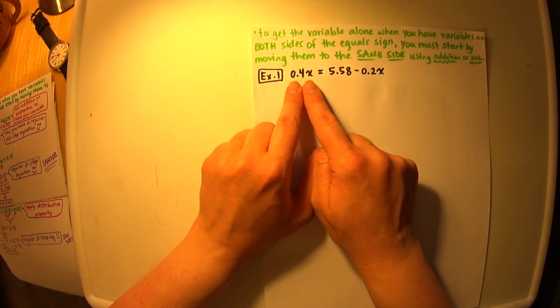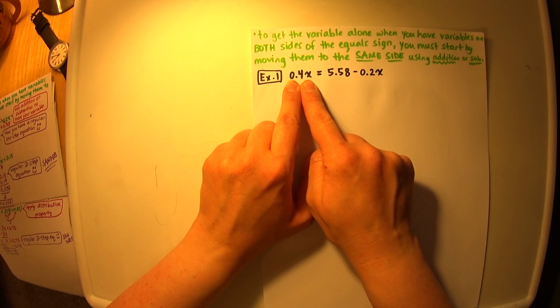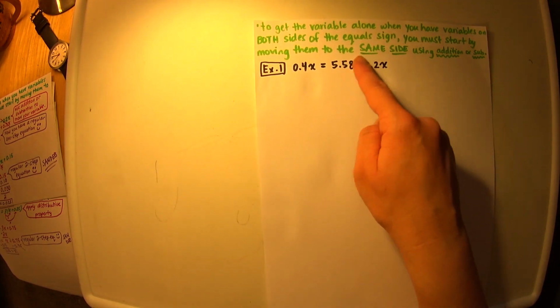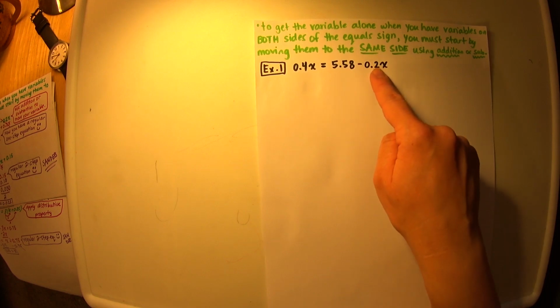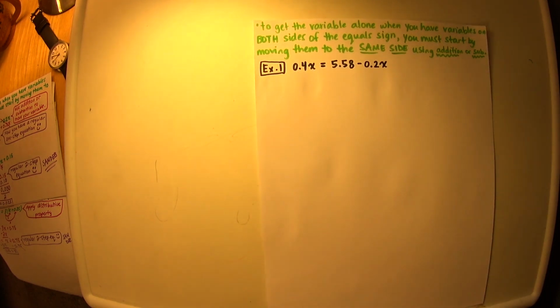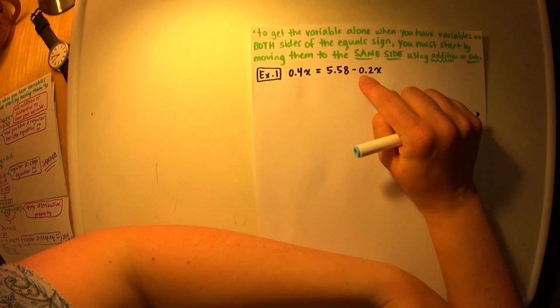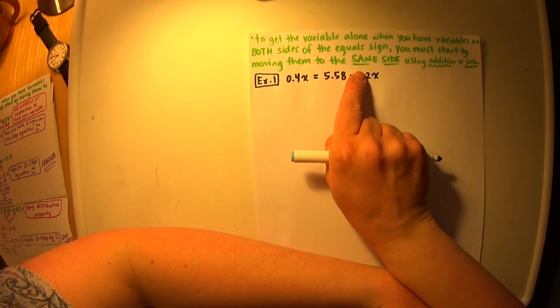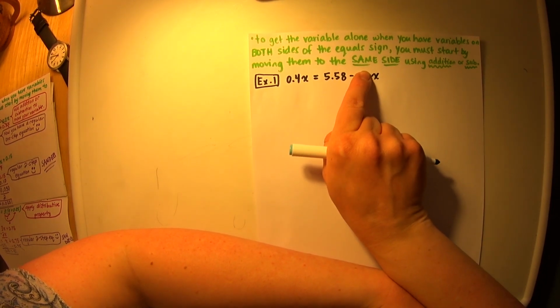When you have an equation like this where there's only 1 term on one side and 2 terms on the other side, move the variable term from the side with 2 terms over to the side with only 1 term. And like I already said, the way we do that is not by using division, because we're not just simply trying to cancel out this numerical coefficient and get x alone.